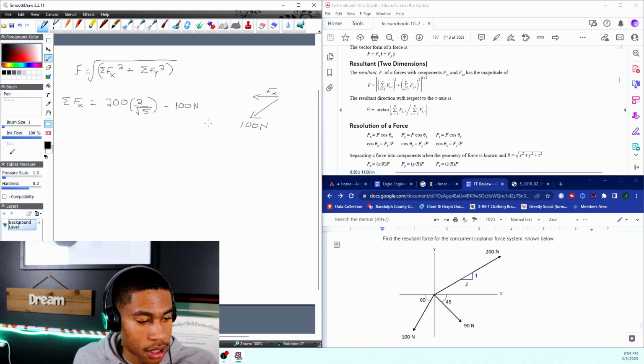And then we're going to do cosine of 60. They give us an angle this time from the x-axis, which is nice. So cosine is your adjacent value, which is going to be that x value, so cosine of 60.